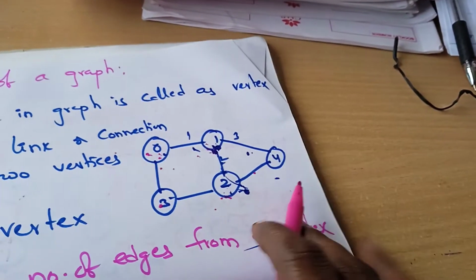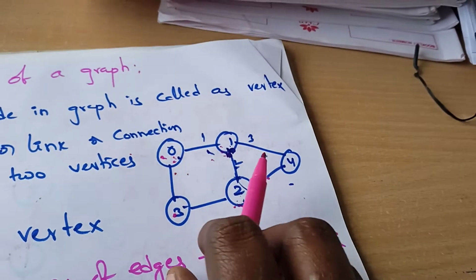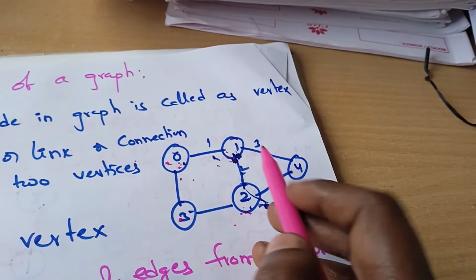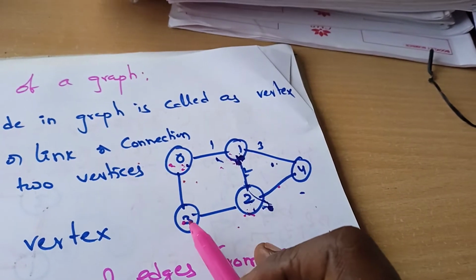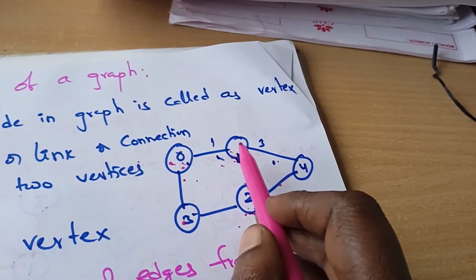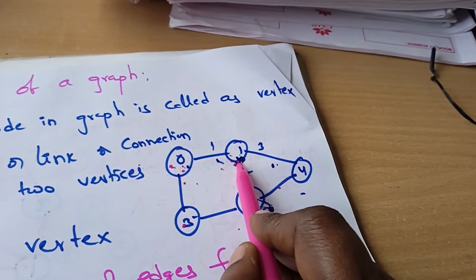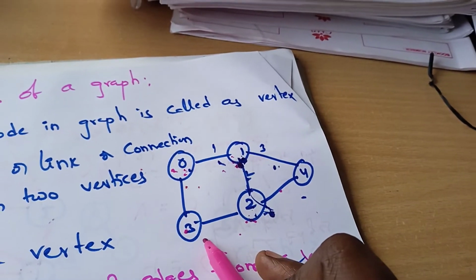Now look at the graph. If you want to calculate a path from 1 to 3, that means 1 is my source vertex, 3 is my destination vertex.